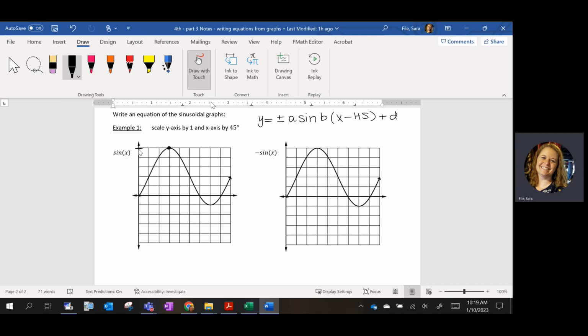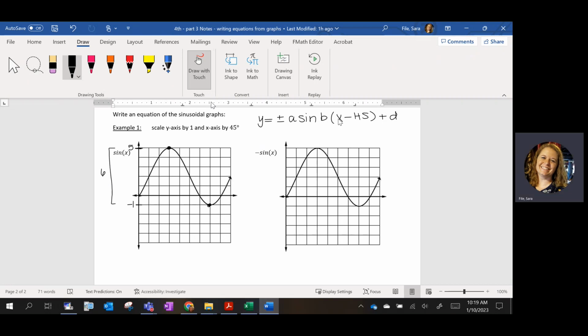What is that maximum? The y-axis is scaled by ones, so that's at 5. Where's the minimum? What is the height of this graph from minimum to maximum? So we have a height of 6.